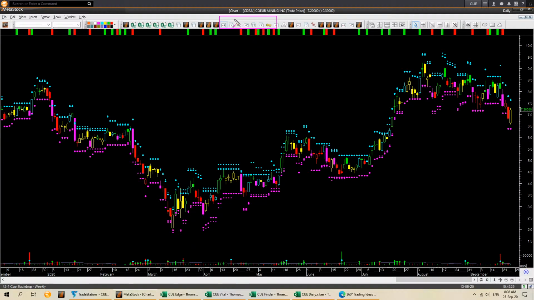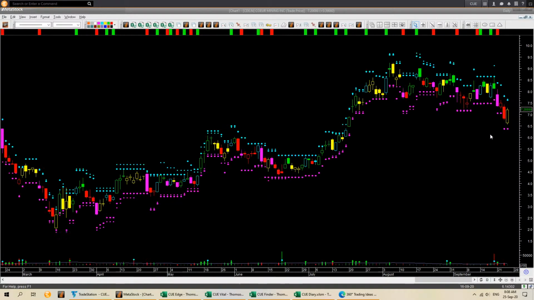I click the stop level menu bar here to open the Q protection signal, and it is telling my stop will be at this level, that is 6.37, not below that, and this is fairly close to yesterday's candle's low. So let's say our stop is at this level, which is 6.37.